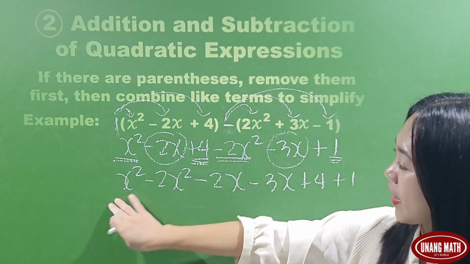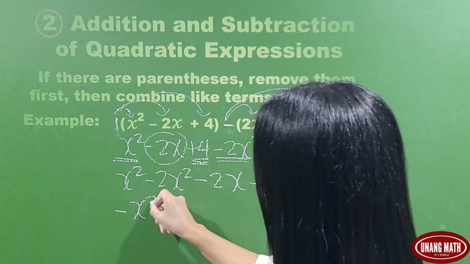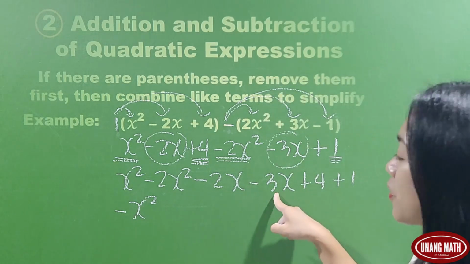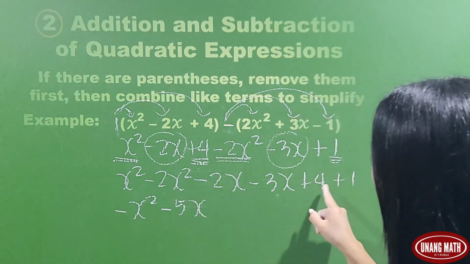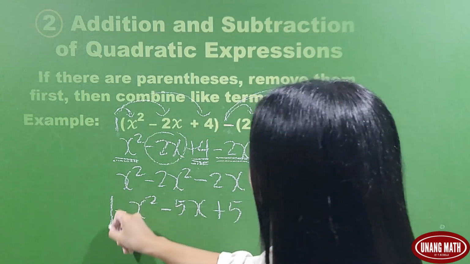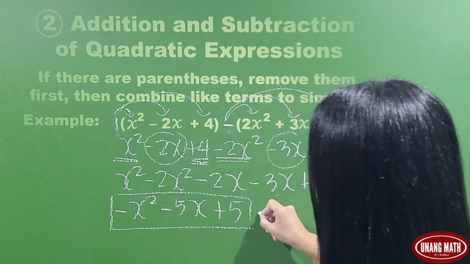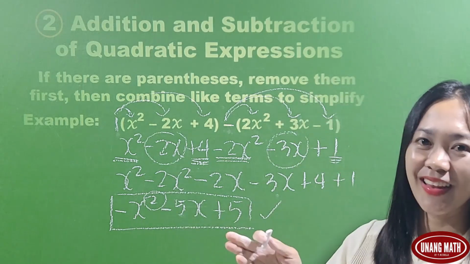Simplify: x squared minus 2x squared would be negative x squared. Negative 2x minus 3x would be negative 5x. Then 4 plus 1 is equal to 5, so this is plus 5. So this is now our simplified expression, and this expression is a quadratic expression.